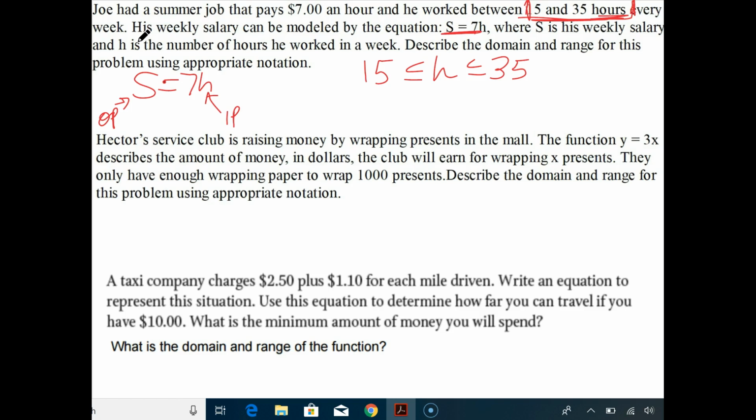If he works this many hours, he cannot make less than $105. So we put this here to find this. So his salary working this much will be between 105, and we do the same thing again. We take the 35 and we multiply it by 7, and it'll be 245.